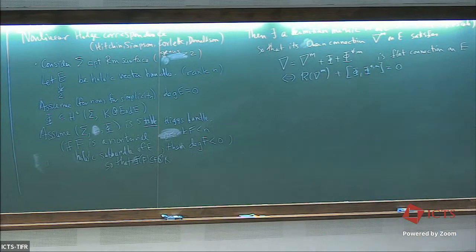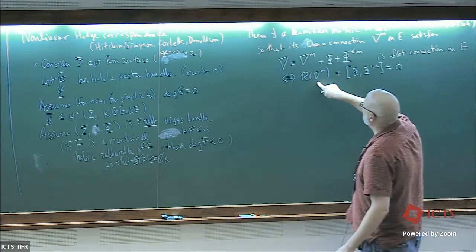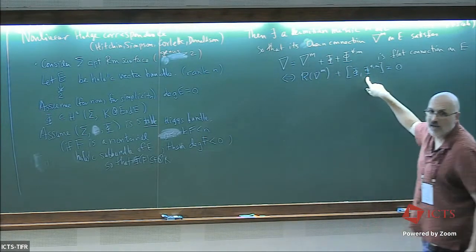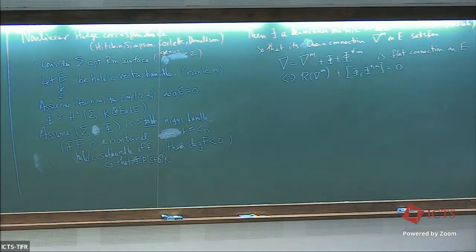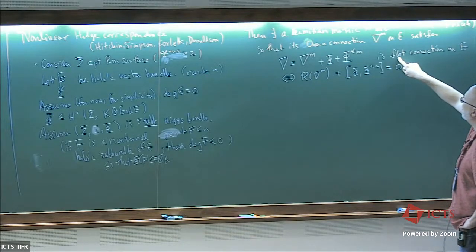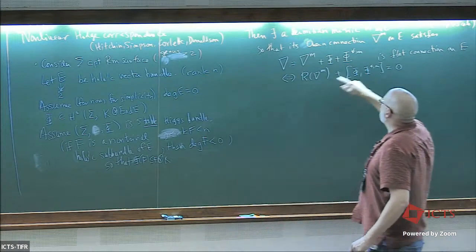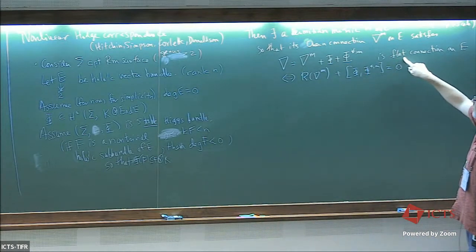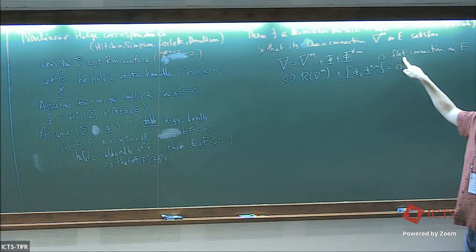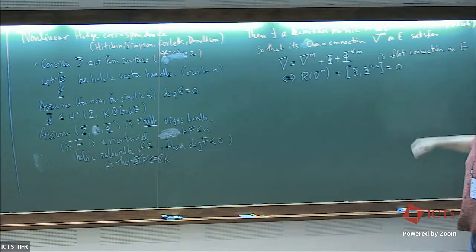So the curvature of this connection breaks down into the curvature of this plus this bracket term. This is one of those situations where if the degree of E is non-zero, then we will not quite get a flat connection, but something called projectively flat, which we'll see in an example later.